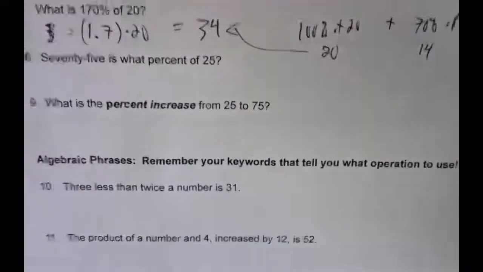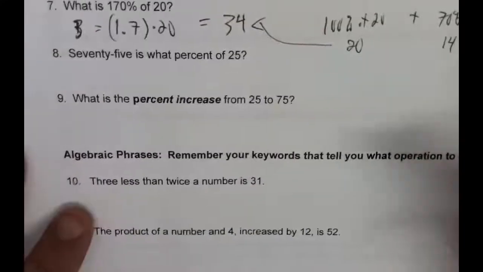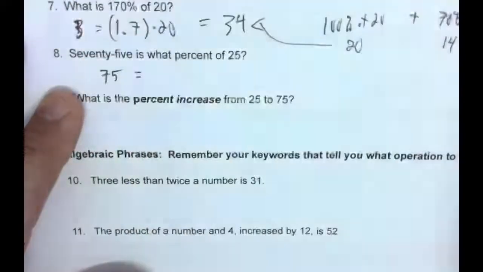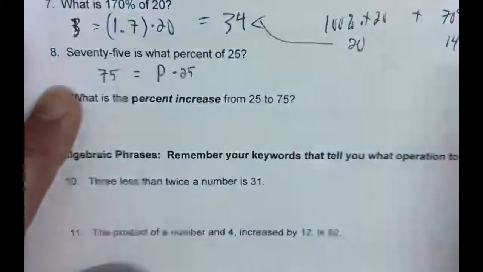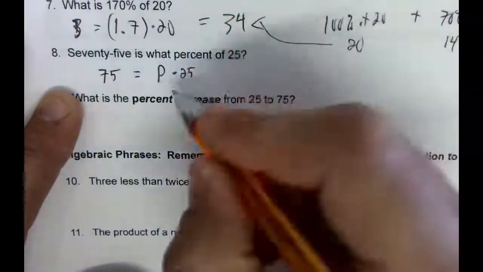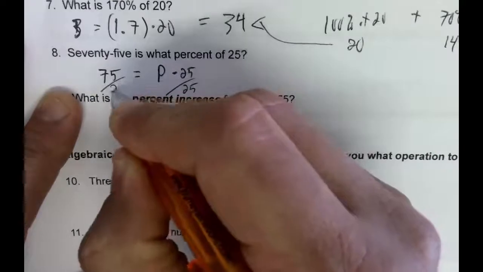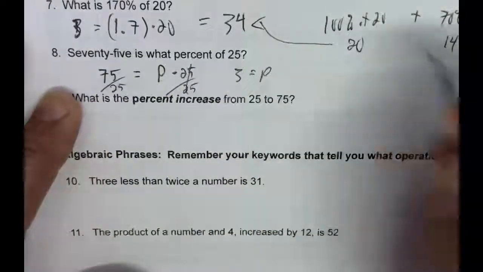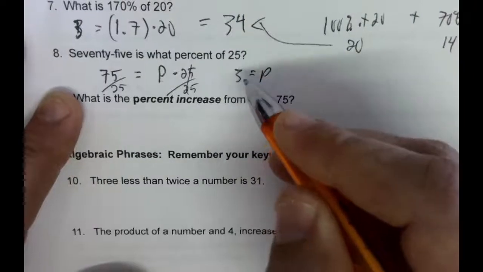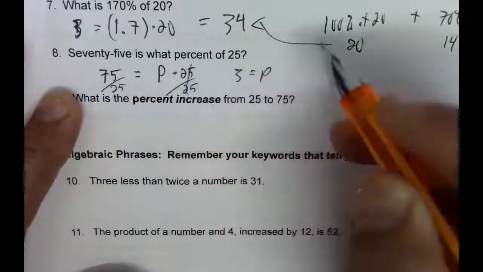Okay, now 75 is what percent of 25? 75 is, there's my equal sign, what percent? So P of 25. All right, so again, I'm looking for the percentage. How do I solve for P if it's being multiplied by 25? I'm going to divide by 25 on both sides. And here's the weird thing. You're going to get 3 equals P. But 3 is a number, not a percent in this particular problem.